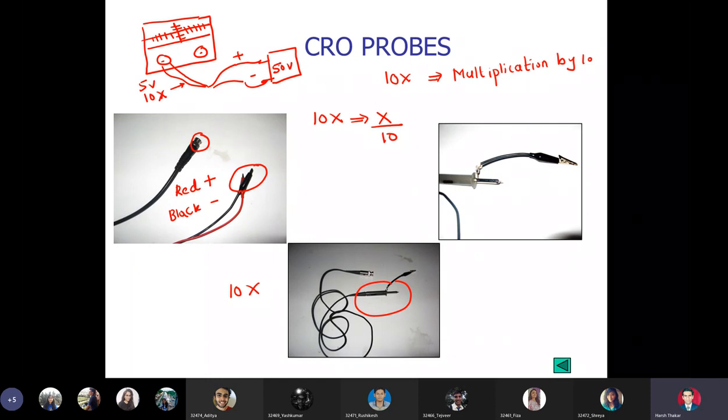So the output of the PE system is 50 volts, but what enters the CRO is 5 volts. Similarly, if I have 230 volts RMS here, then what goes inside is 23 volts RMS. Attenuation is a process which does not discriminate between DC voltages or AC voltages. If it is peak to peak, it is peak to peak upon 10, peak upon 10, RMS upon 10, DC upon 10.